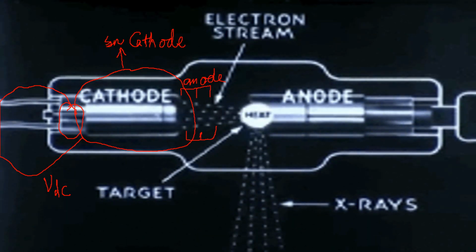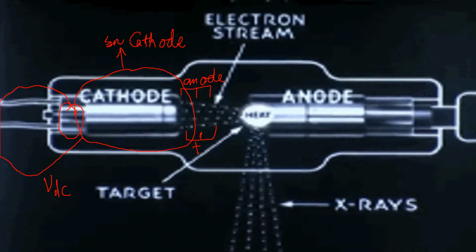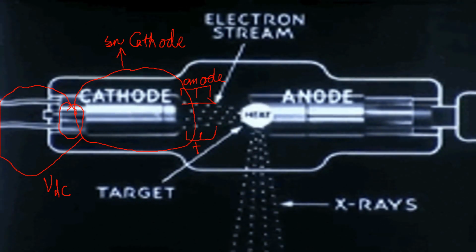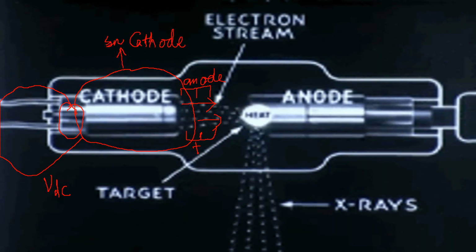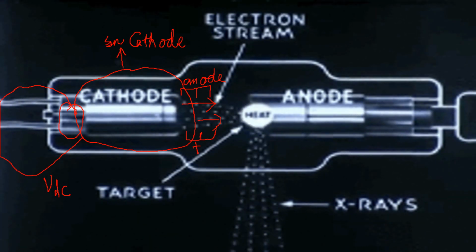So the anode is positively charged, whereas the electrons from the cathode are negatively charged. So this will result in an increase in acceleration of the electrons produced from the cathode. So now the combination of the anodes will speed up the electrons.